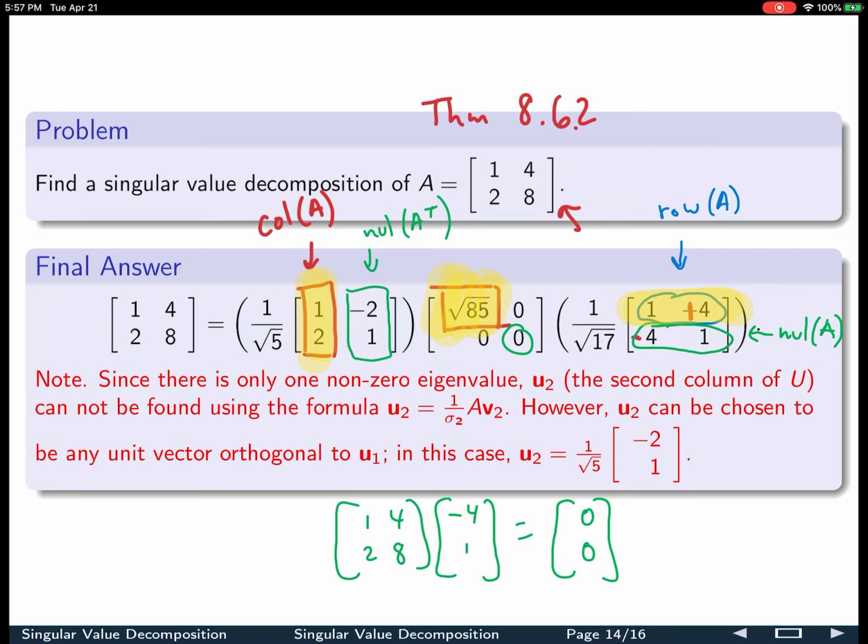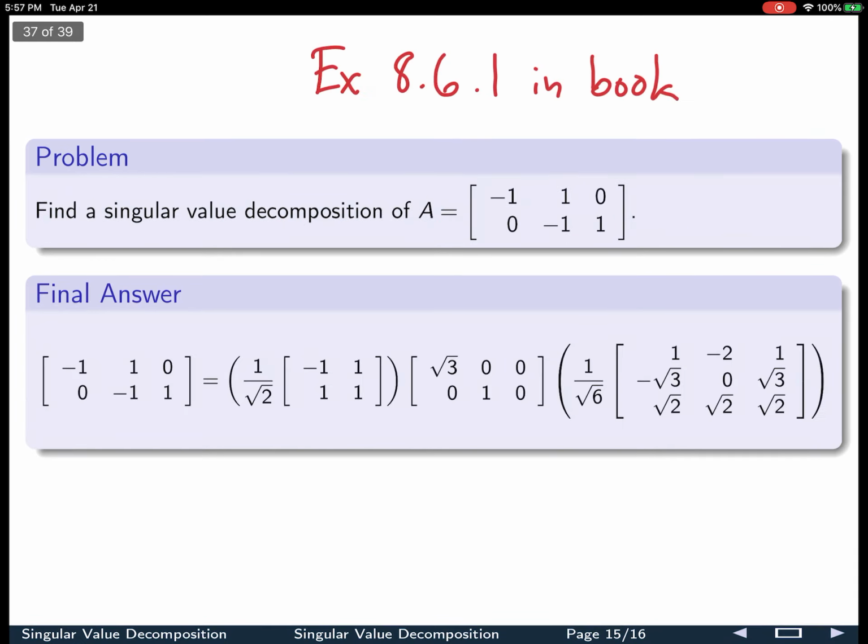Just coming from the singular value decomposition. And then that's it. Honestly, this one is just more of the same. If you want to look at a really nicely worked out example in our book, 8.6.1 is a good one to look through.